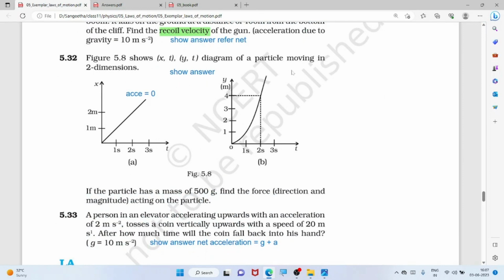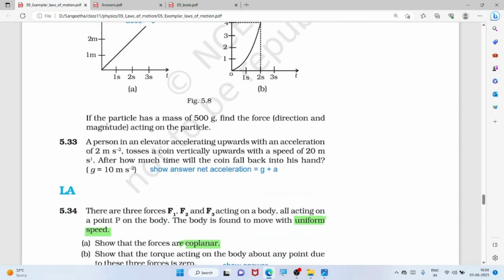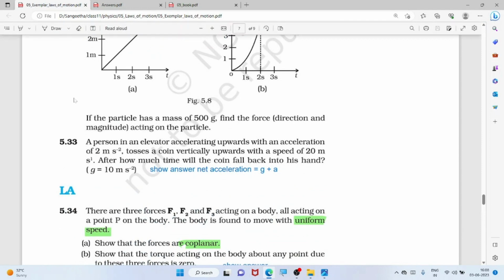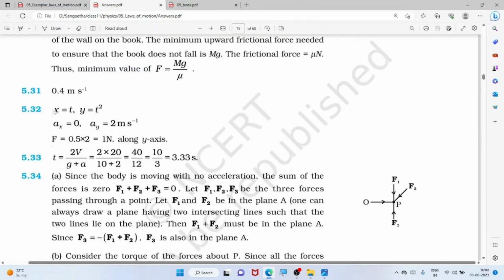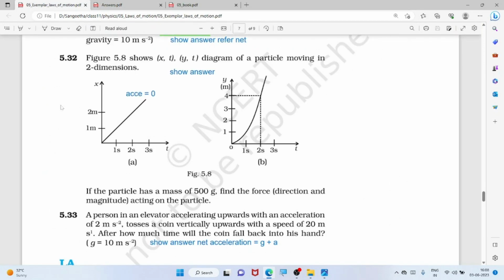Given two graphs of a particle's motion, here this is constant displacement, so acceleration is 0 here. If the particle has a mass of this much, 5.32. Here they have given the answer.